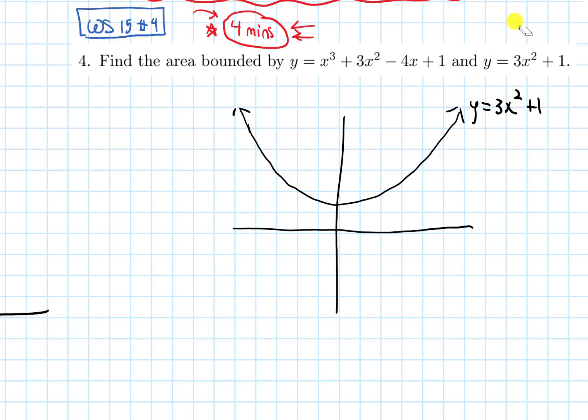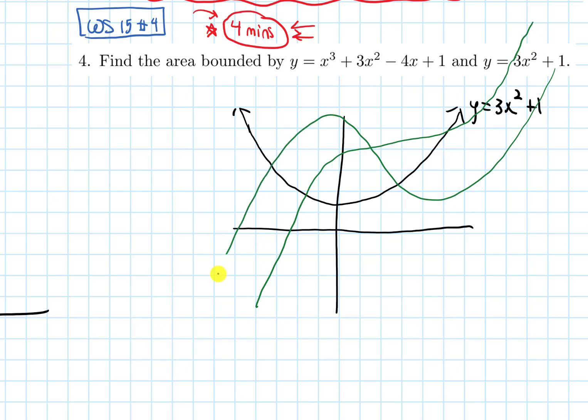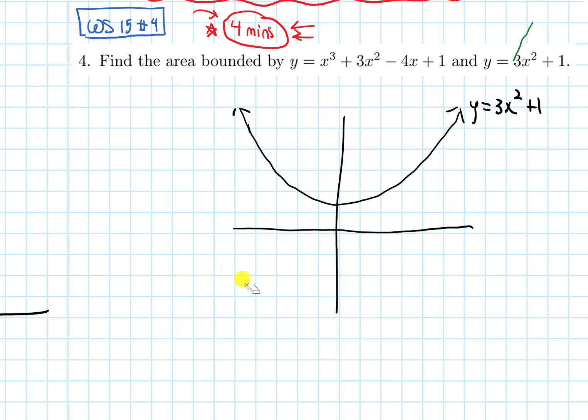And of course, they could also start up here and then go down like that. The way we know that is the fact that the leading coefficient of the cubic is positive means that when x is really, really big, the y value should be really, really big. So it's going to do something like maybe like this, or maybe one of those graphs where it turns a couple of times. Okay. So how do I figure out exactly what shape it has?